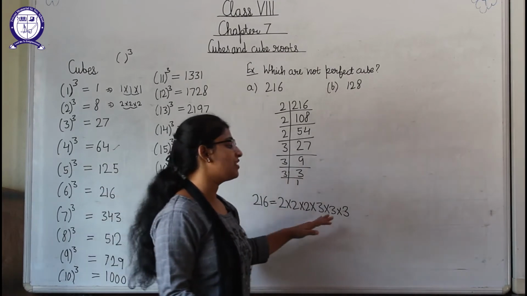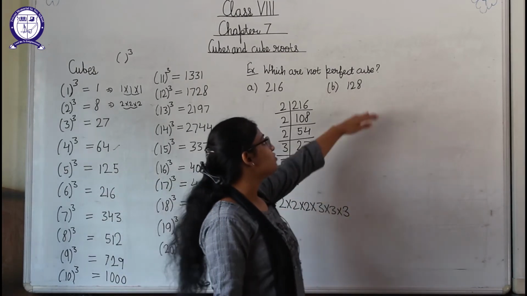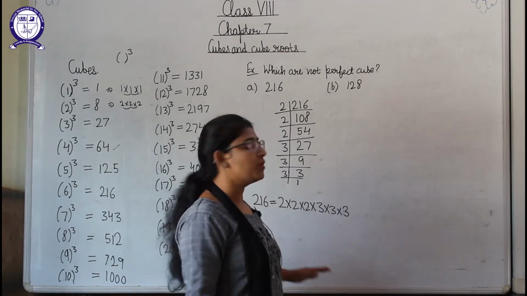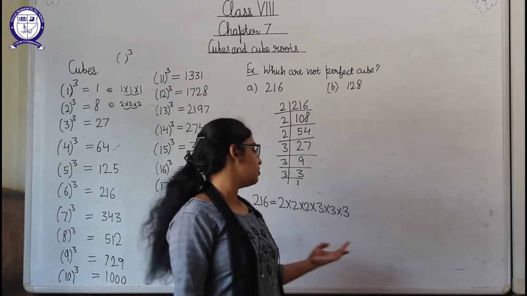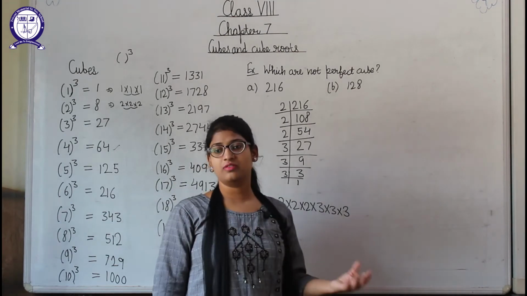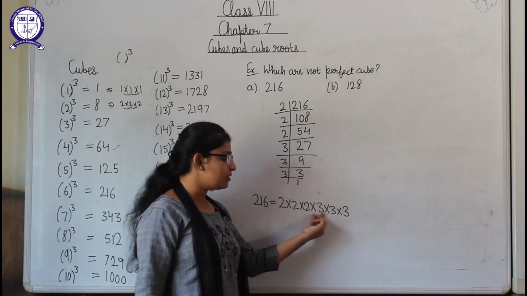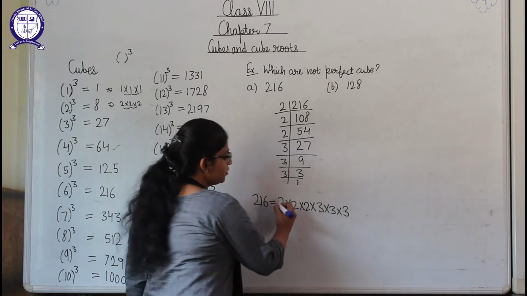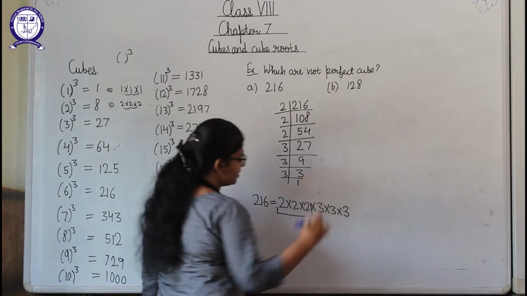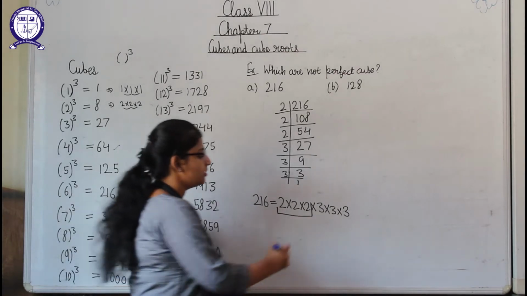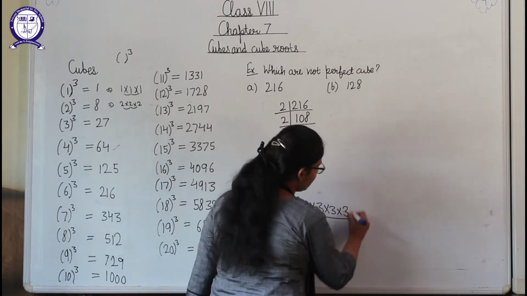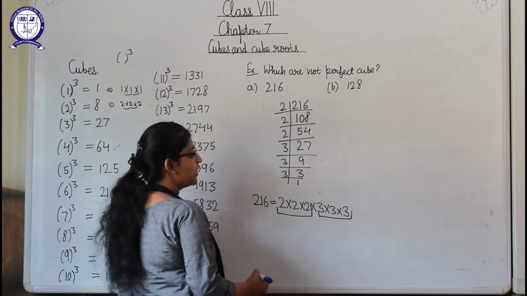Now after that, as we have to check whether it is a perfect cube or not, we will make groups of 3s. As in the square we do the pairing of two numbers, here we will do the grouping of 3 numbers. Here 2 is 3 times, so we can group them. Similarly here 3 is 3 times, so we can group it.